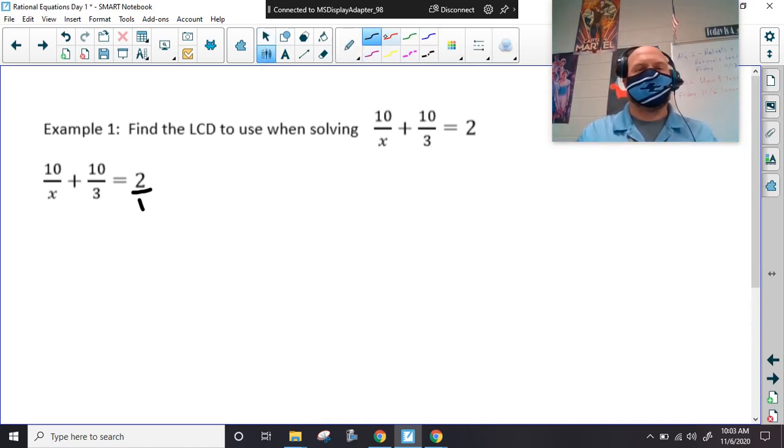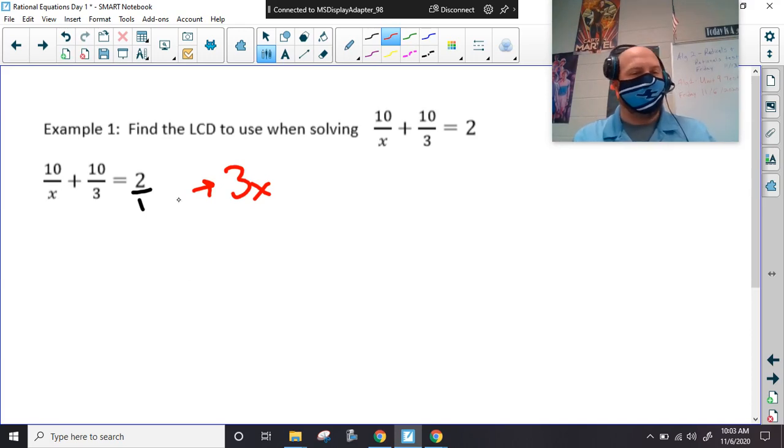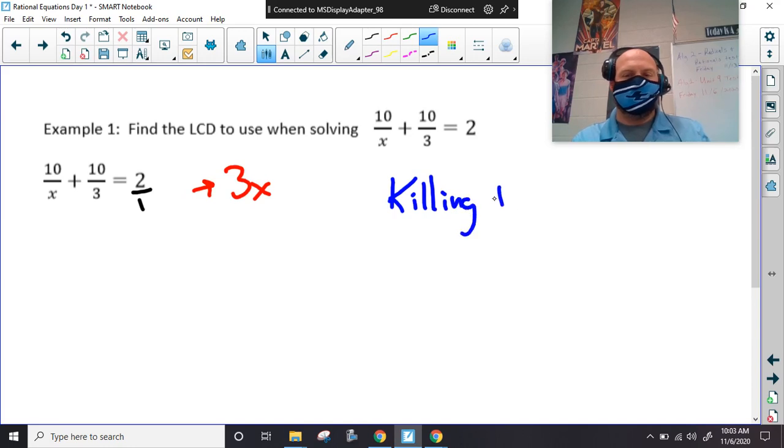So this LCD would actually be 3x, because if I multiply everything by 3x, it goes through and kills the fraction. All right, and that's a big thing.